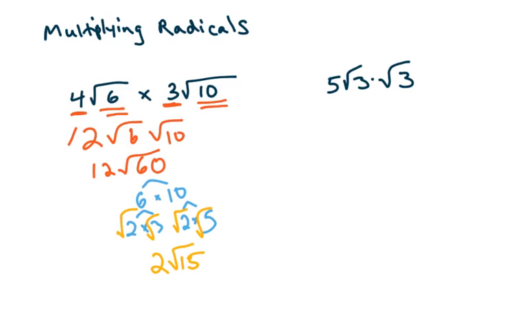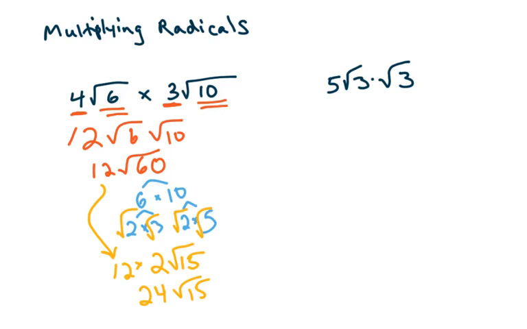There's the multiplying square roots that we just went over. Oh, and don't forget about the 12. That's out here. So you get 12 times 2 radical 15 is 24 radical 15. And that's simplest form.